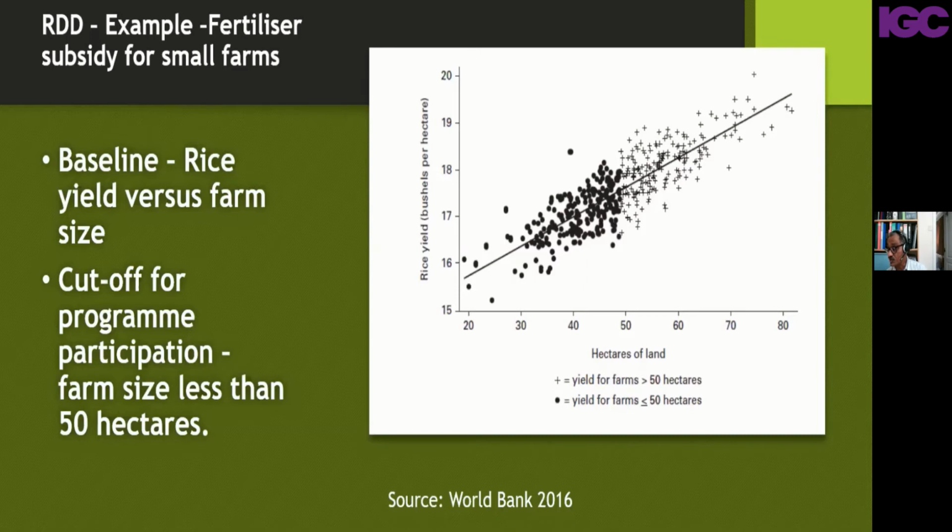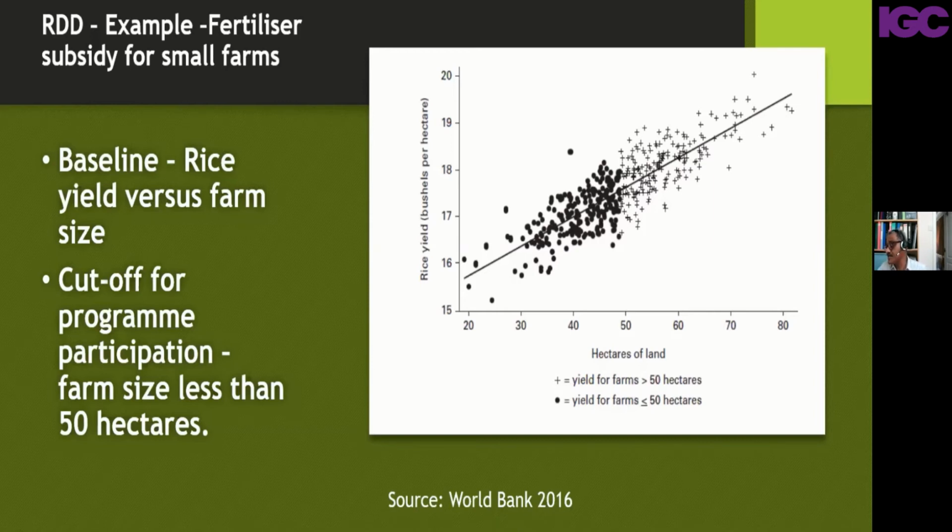Of course, this shows that as your hectares of land increase, the rice yield also increases. Of course, I do recognize that there is a huge literature which argues that actually productivity per hectare in small farms is greater than in large farms, but this is just for the purposes of the example.